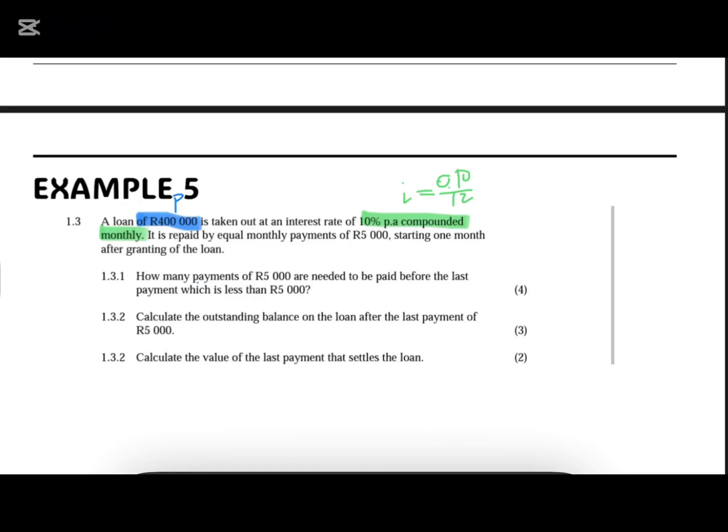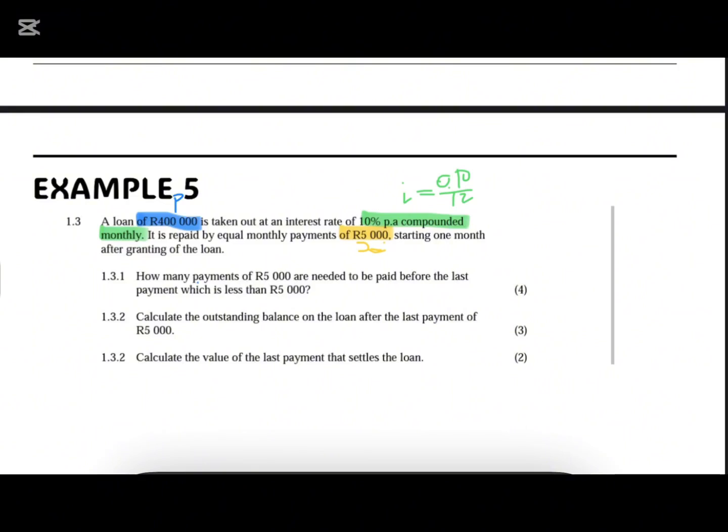So now, okay, let's continue. It is repaid by equal monthly payments of 5,000 rand. Then we have the value of X, which is the monthly installment on our formula, starting 1 month later after granting of the loan.